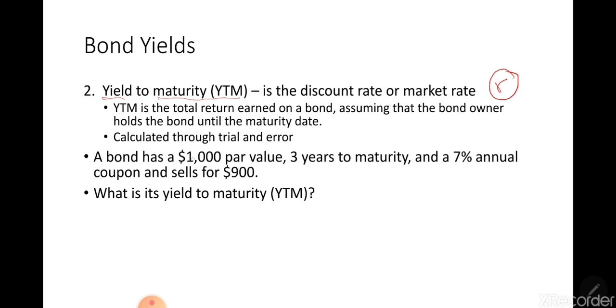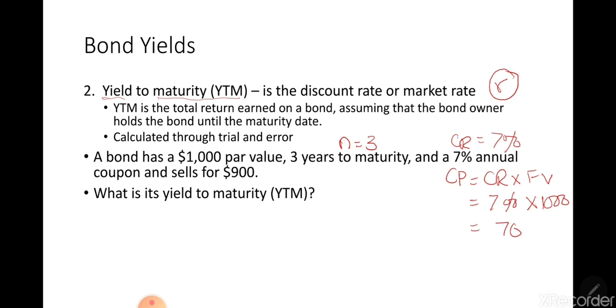A bond has a 1000 par value, 3 years to maturity. So N is 3. 7% annual coupon, so the coupon rate is 7%. That means the coupon payment is coupon rate multiplied by face value. So coupon rate is 7%, face value is 1000, the coupon payment is 70, and it sells for 900.